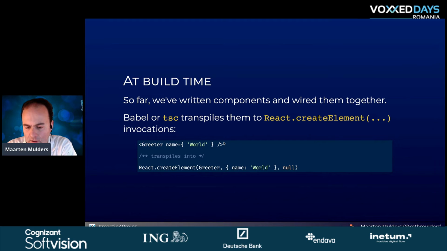And as I said, this piece of XML is not understood by the JavaScript runtime, but this piece of JavaScript for sure is. You can recognize the name of the component, you can recognize the properties, and this null over here is just, we don't have any child elements. That's the first piece of magic. So what your browser runs is not this, your browser runs this.